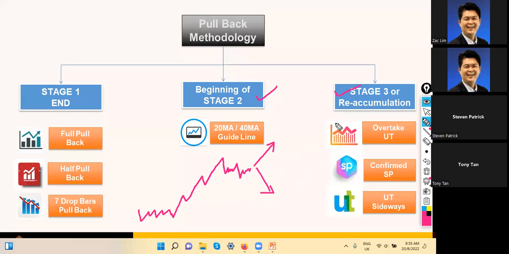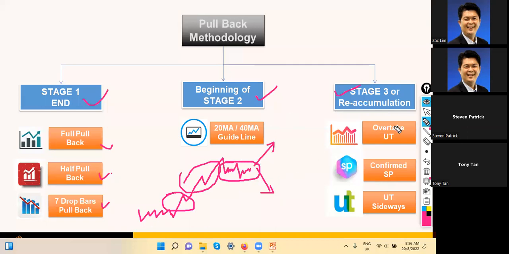Okay, so stage 1 will apply all this pattern. All this pattern will be concentrated on here. Okay, so the guideline will concentrate on here, and when it comes to stage 3, overtake upthrust, confirm SP or side UT sideways, they will be concentrated at this level. Okay, so before you go up and down.